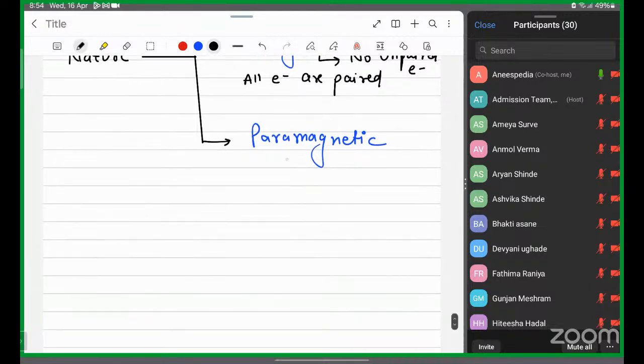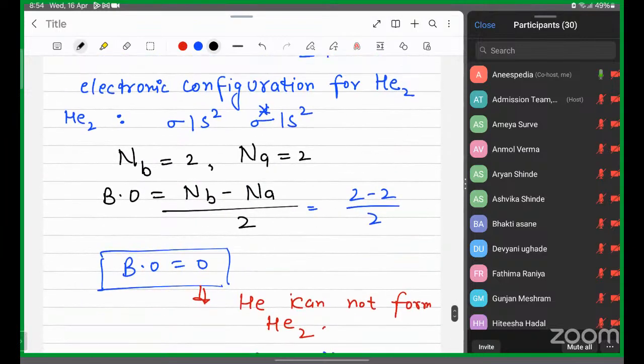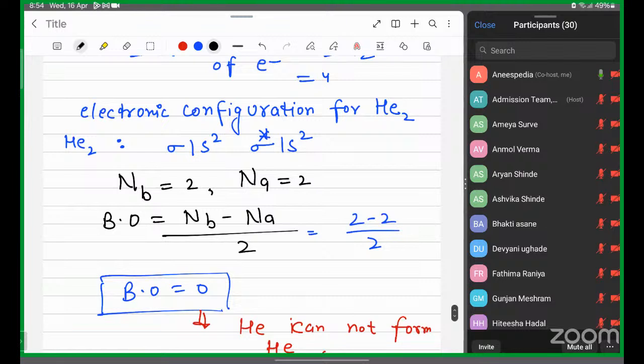In case of paramagnetic, at least one electron is unpaired. For example, in case of helium, we have a total of 4 electrons, and all the 4 electrons are given as sigma 1s2 and sigma star 1s2.